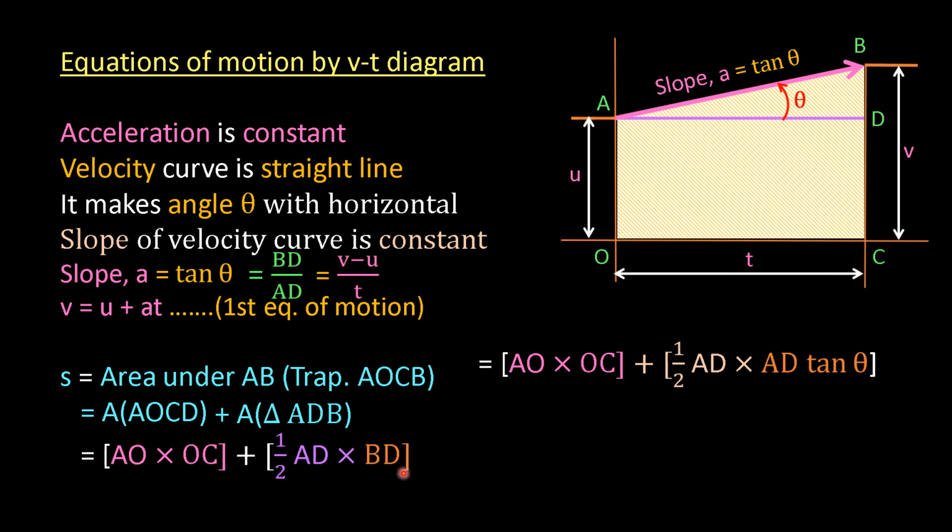We will substitute the various values, but BD is AD tan theta. See here. So in place of BD, we will put AD tan theta.